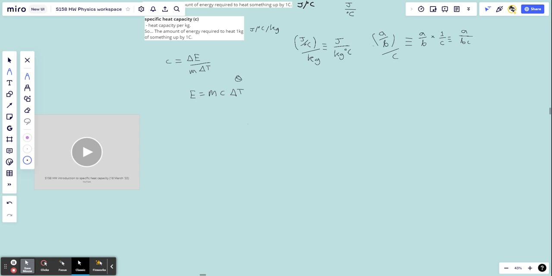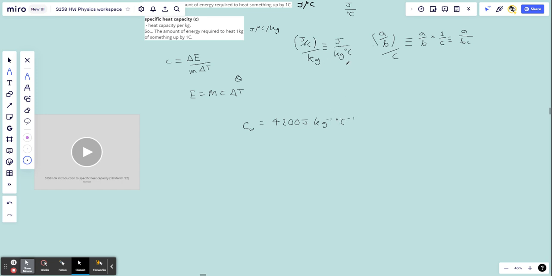So the specific heat capacity of water, I'll use a little subscript W there, is equal to 4,200 joules per kilogram per degree C. You may see this written as joules, and then kg to the -1 and degrees C to the -1.